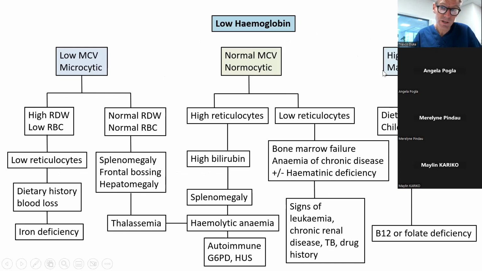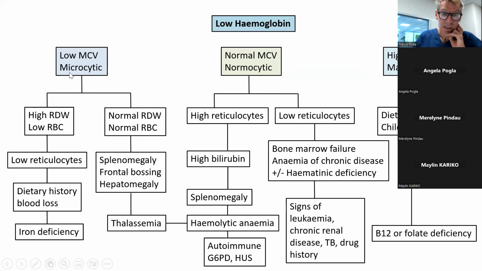You can divide up the types of anemia into those that have a low MCV, which are microcytic, those that have a normal MCV, which are normocytic, and those, less common, that have a high MCV, which are macrocytic anemia. Let's talk about the low MCV types of anemia. Most of the low MCV types of anemia we see will have an element of iron deficiency.